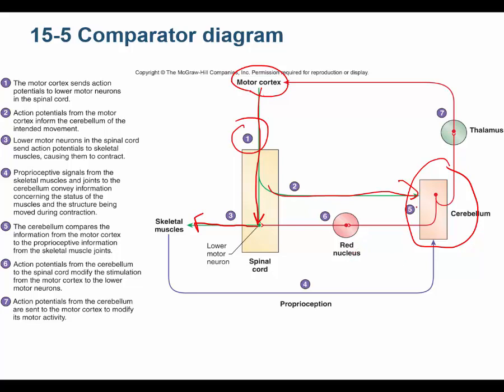If any part of this plan is procedural memory, you'll have a descending pathway out of the cerebellum. It goes through the red nucleus. So guess what? It goes down through the rubrospinal tract. That's the rubrospinal tract. And you will contract those skeletal muscles based on your procedural memory. You can actually take away some of this conscious level control if the plan has some procedural memory involved in it.